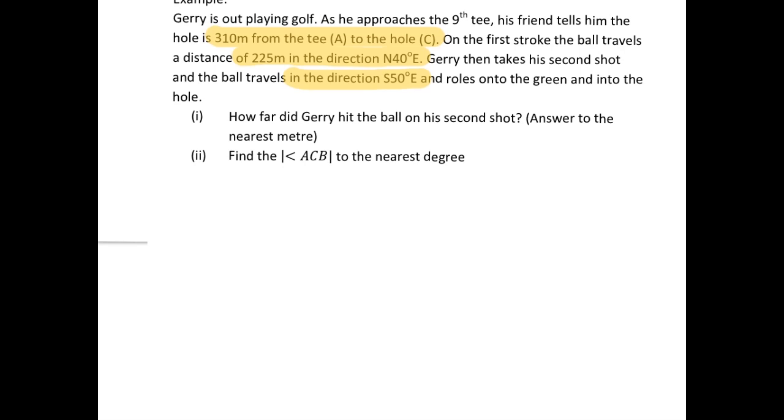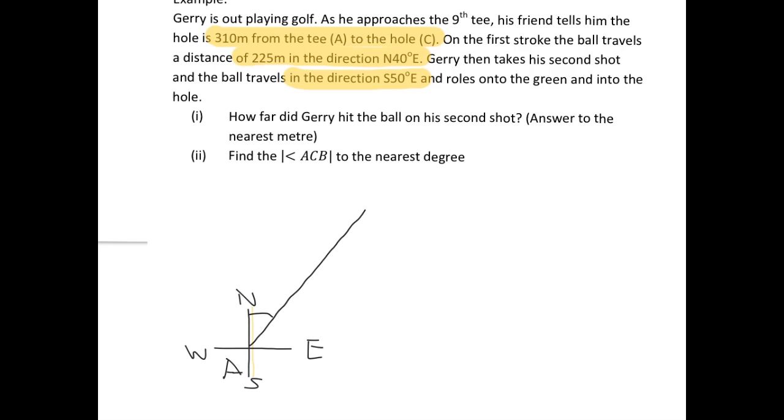So we'll start by just drawing in our point A, and at point A we know that he hits the ball at an angle north 40 degrees east.